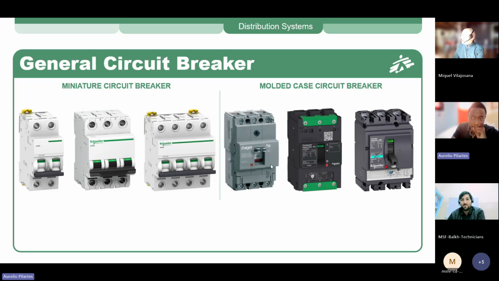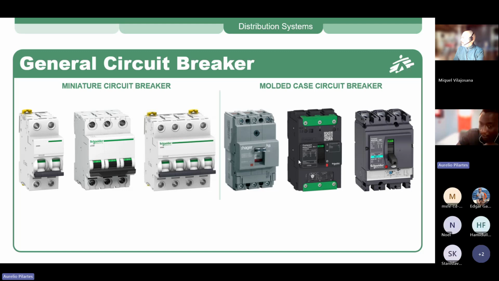So, as he mentioned, this is the main difference between MCBs and MCCBs. The MCCBs can withstand very, very big currents. They can pass big currents without, let's say, getting damaged, while the MCBs withstand lower currents.